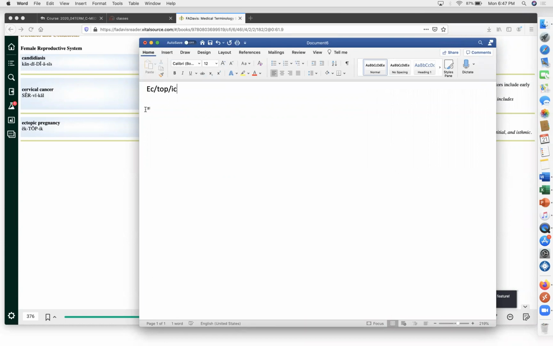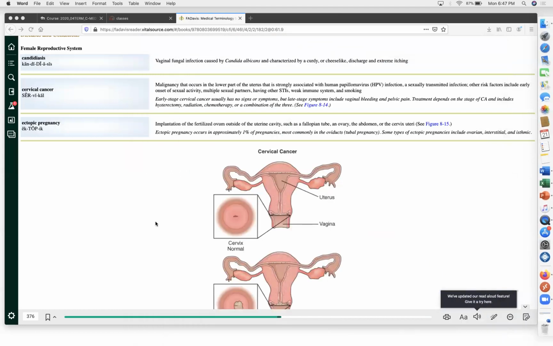But ectopic pregnancy is everywhere else, and everywhere else is a danger to mommy, right? So what does ec mean? Ec means out of, or outside of, and topic means area. And ectopic pregnancies are not viable. They are actually very dangerous to mommy, especially in the form of hemorrhaging and whatnot.